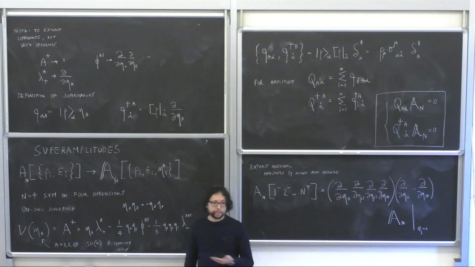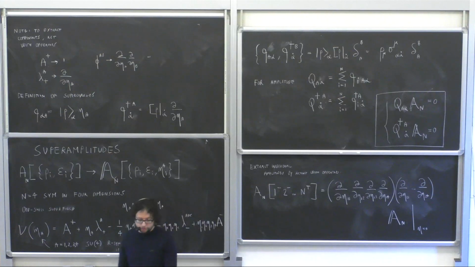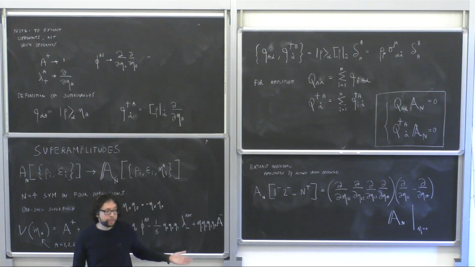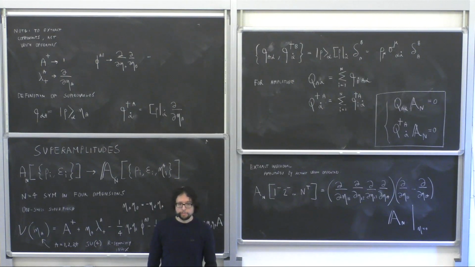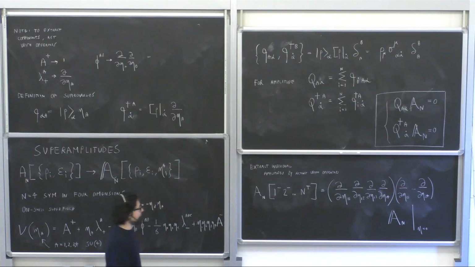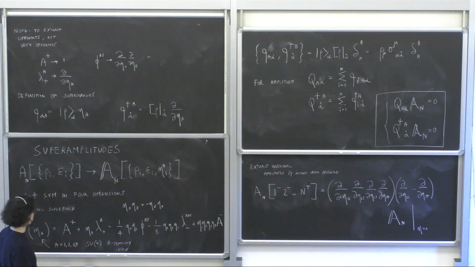And of course, these are simple interactions involving other fields, not just gluons. If you want to consider a non-supersymmetric theory, you could have, in principle, more complicated interactions. But this is a very easy way of moving through the multiplet.